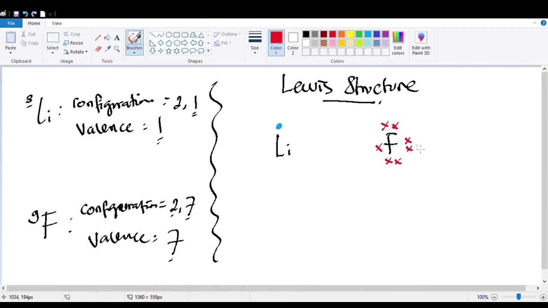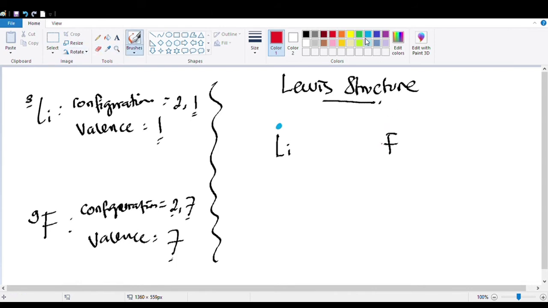Okay, how to draw the electrons? I repeat this. If it has more than one, you do it one by one in a clockwise direction.